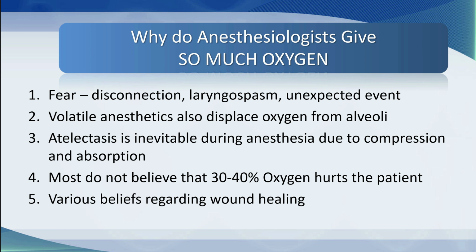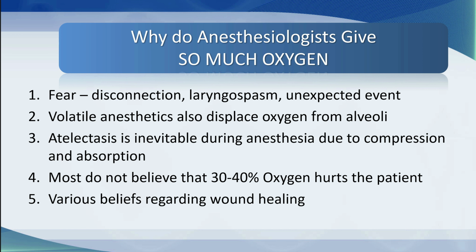Fair enough. Also, patients who are under anesthesia usually get volatile anesthetics. These are gases, and they displace oxygen from the alveoli. When patients go to sleep, atelectasis occurs. There is a shift in the diaphragm in a cephalad direction, so there is often atelectasis in the posterior dorsal segments of the lungs, and the lung volumes are reduced below FRC.